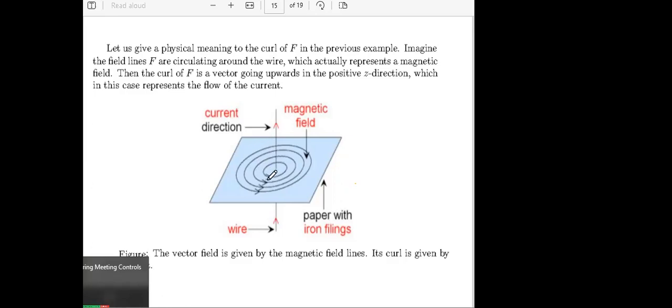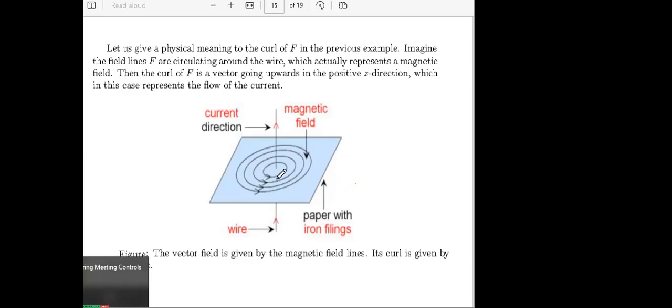If you apply current through this wire in this direction, you can see the iron dust forming this pattern.